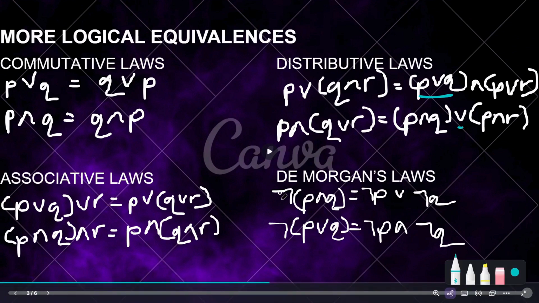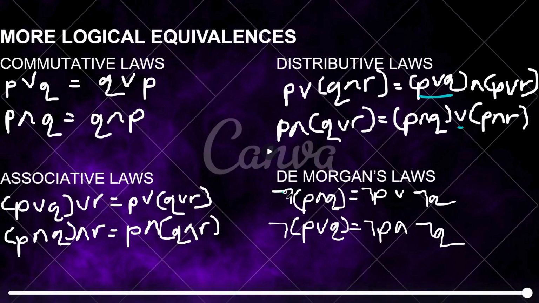So we need to understand it, inserting the P and the Q, and changing the symbol when there is a negation.